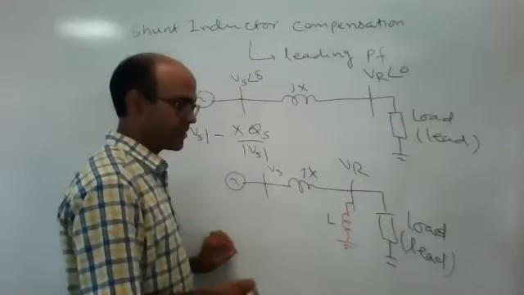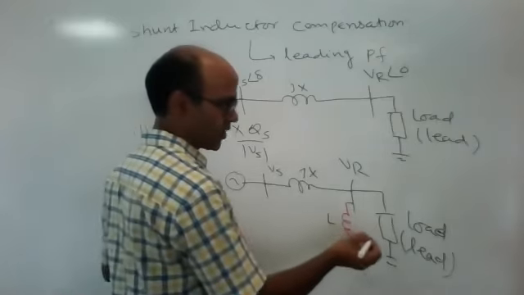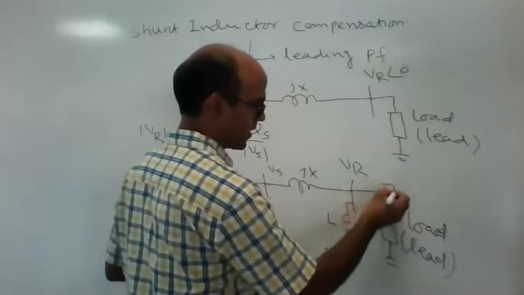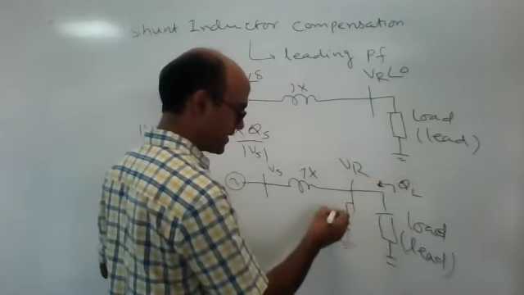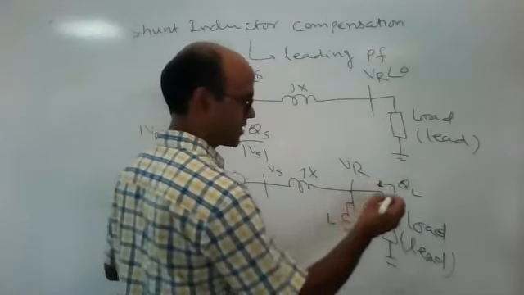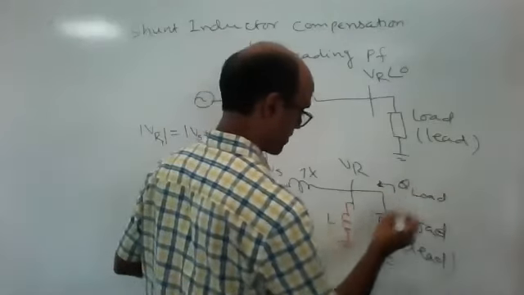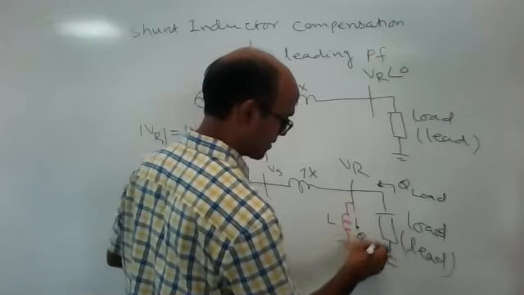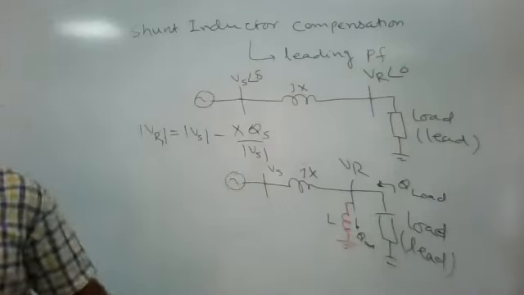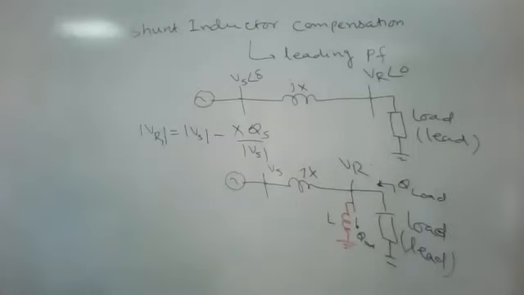And you know, the inductor requires reactive power. The load is leading, so it can deliver QL. This is Q load. And this inductor requires Q inductor, because you know, an inductor consumes lagging reactive power.